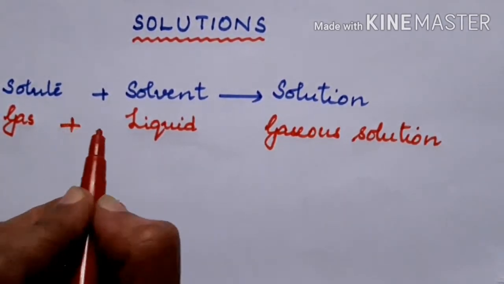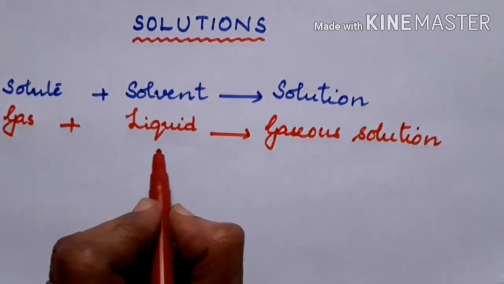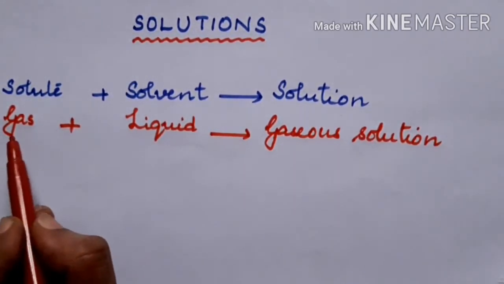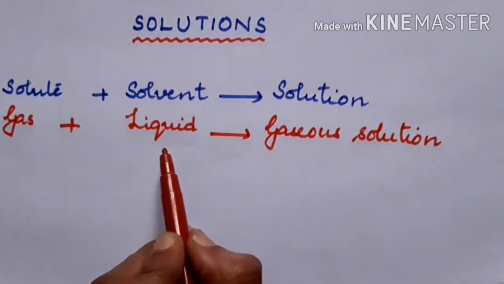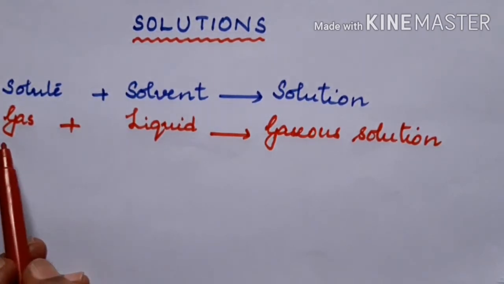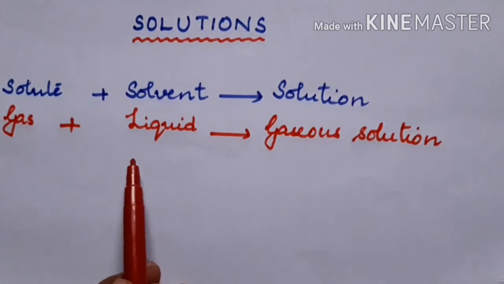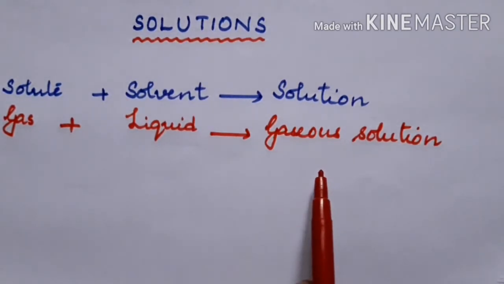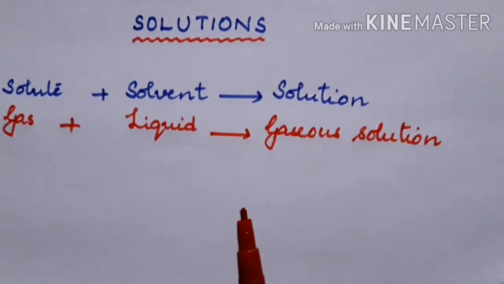Now, what are the factors that the solubility of a gas in a liquid depends upon? First of all, the nature of the gas and the solvent decides whether it forms a solution or not. The other factor is temperature.